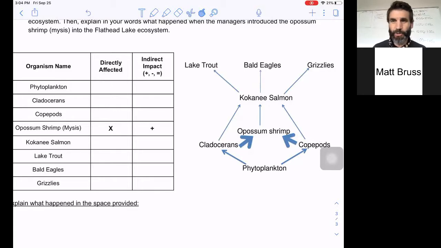In addition, it shows how the introduction of a non-native species can have unintended and sort of ripple effects across the entire ecosystem. So this brought together all of the things really that we had been talking about in this unit into one particular case study.